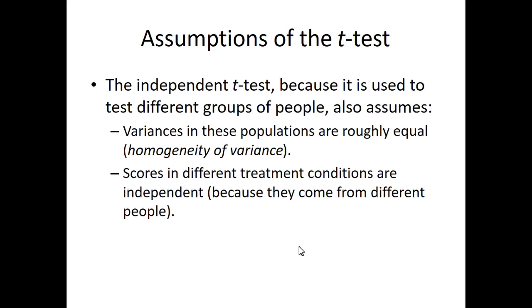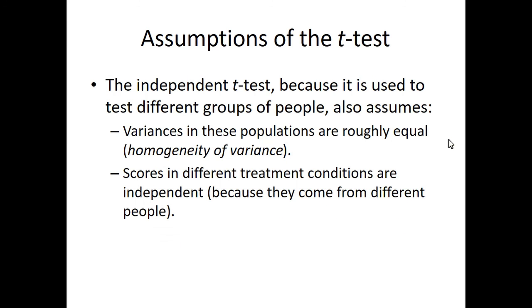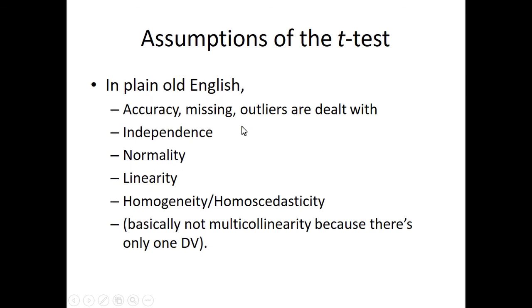And for that one, you can look at your residuals chart. When we get to ANOVA, we'll talk about how to test this even better. For dependent t, there's actually not a homogeneity assumption. We'll still have you look at the homogeneity chart for data screening, but there's actually not one for dependent t.